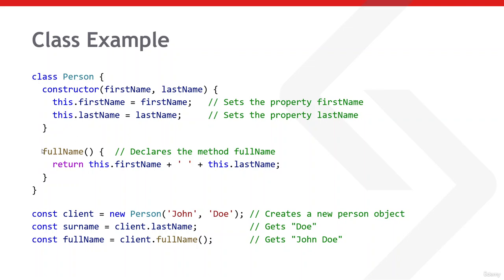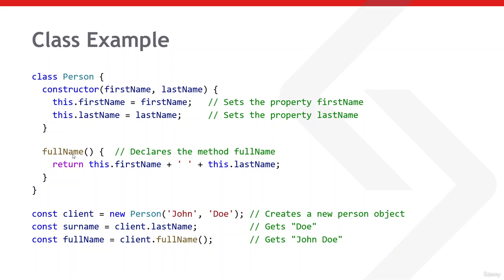Then I may have some methods inside my class, and the way I create methods inside a class is just giving a name for that method and then using open and close parentheses. That will automatically create a function inside that class, which is a method.